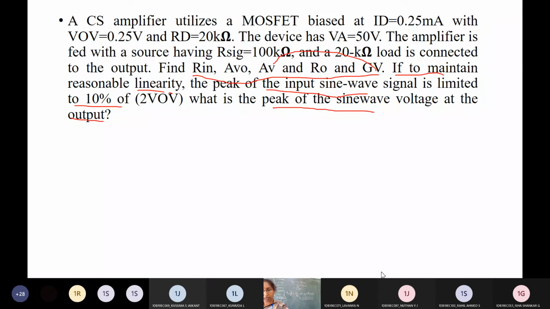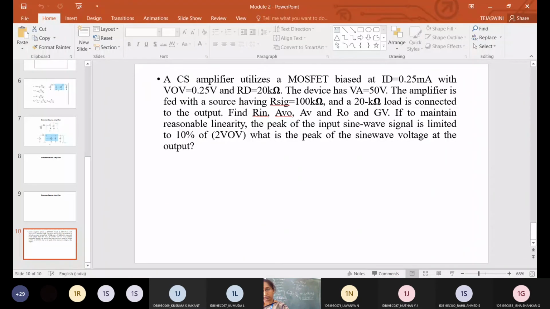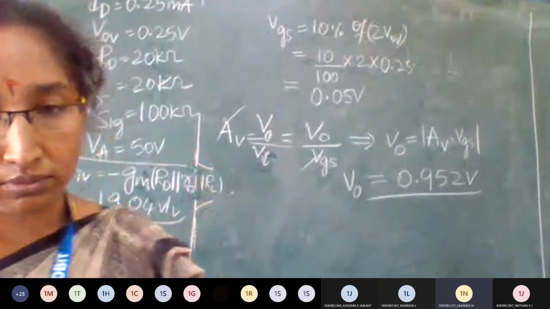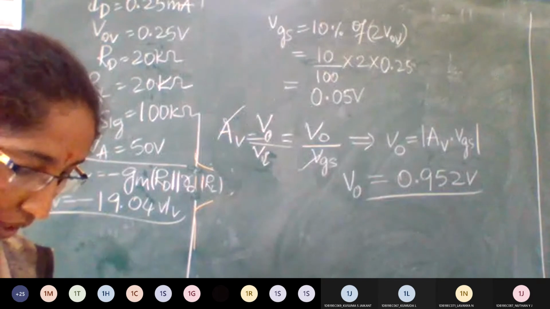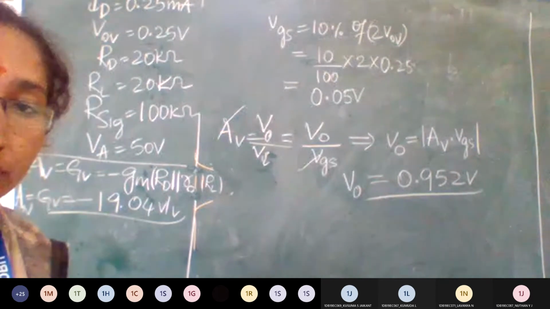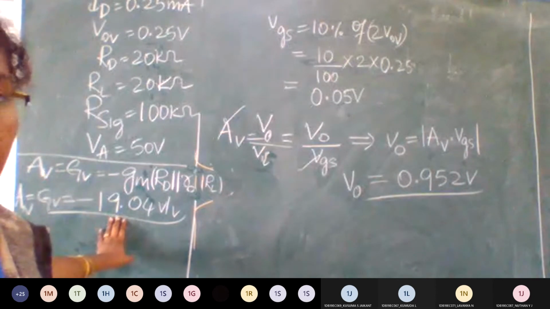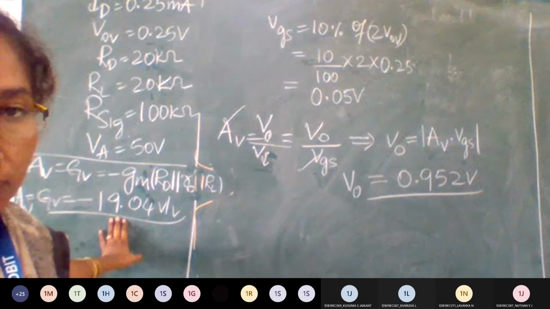Is there any doubt in this problem? Is this clear? Ma'am, where does the answer come for Av? Av is 19.04. RL is included in the overall gain, you have to take this. Did you get minus 19.04 or not?